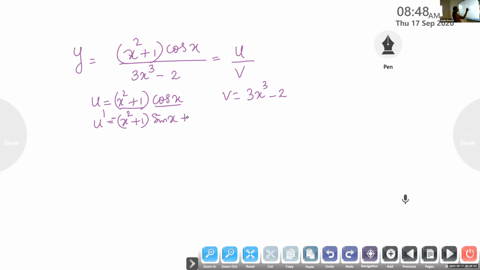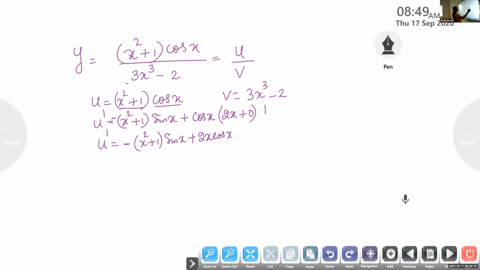Plus, keep the second function as such, cos x, derivative of first function, x square plus 1, it is 2x plus 0. So you will get u dash is equal to minus of x square plus 1 into sin x plus 2x cos x.